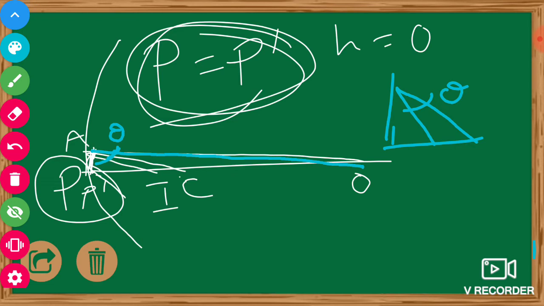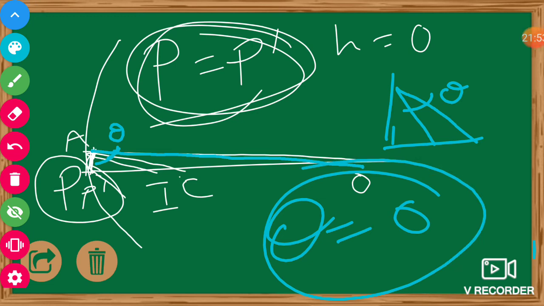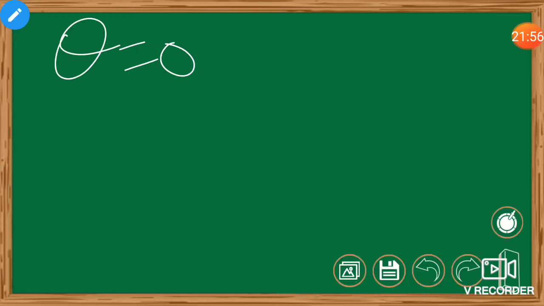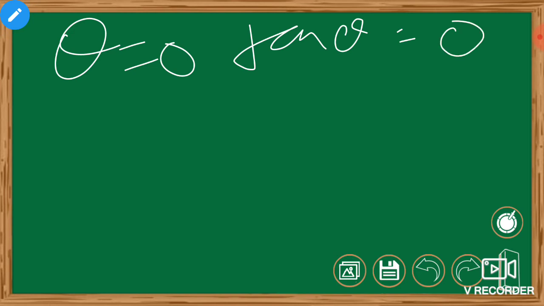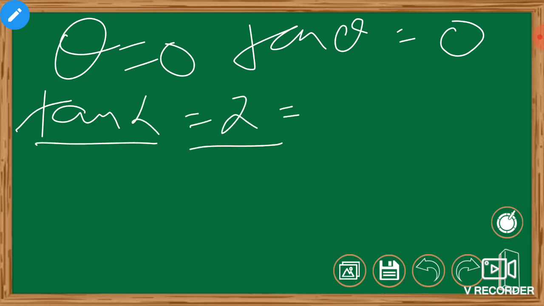So let's consider another case. If theta is nearly equal to 0, what happens then? If theta is equal to 0, then the value of tan theta also becomes very small, near to 0. Then we can write tan alpha equal to alpha, because the value is very small, near to 0.